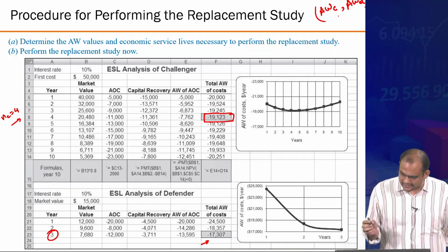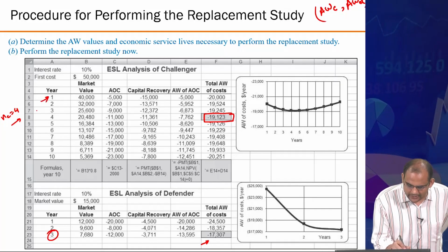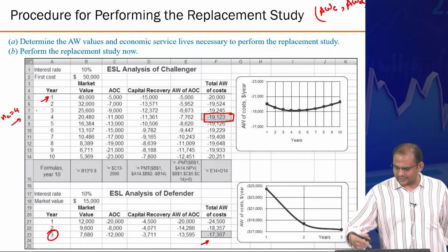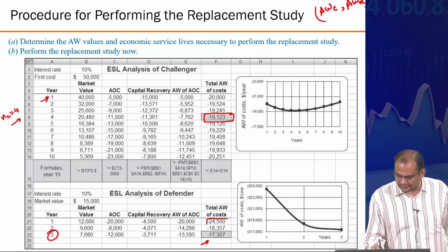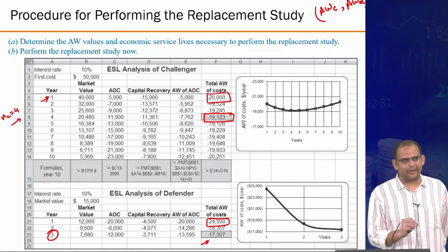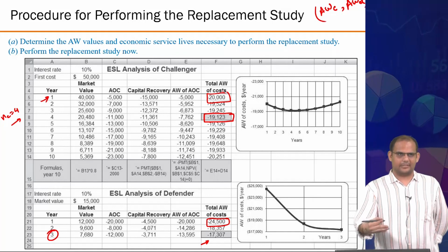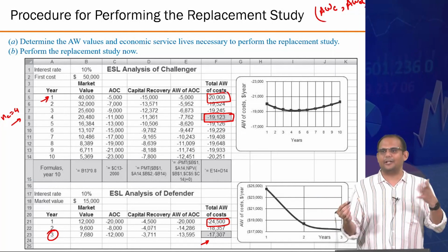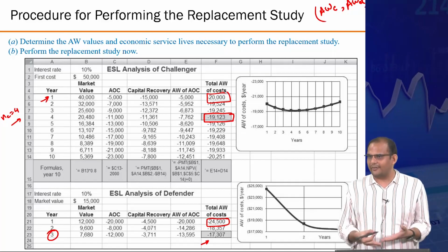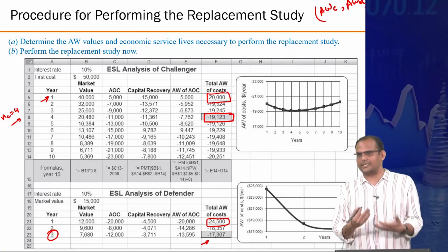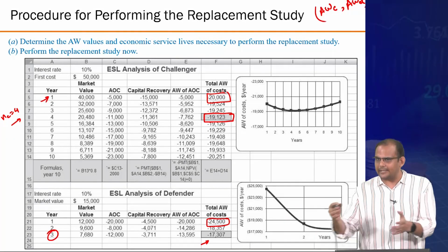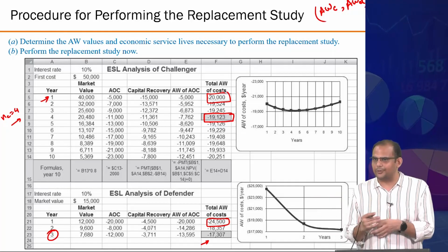Why am I reiterating this? Suppose you choose the economic service life to be only 1 year. In that case, you will see that with year 1 cost only, the Challenger is favored compared to the Defender. In this next year, if you just consider the economic service life to be 1 year, then the Challenger is favored over the Defender, and you may make the wrong decision because this does not represent the future expected or the most optimal path.